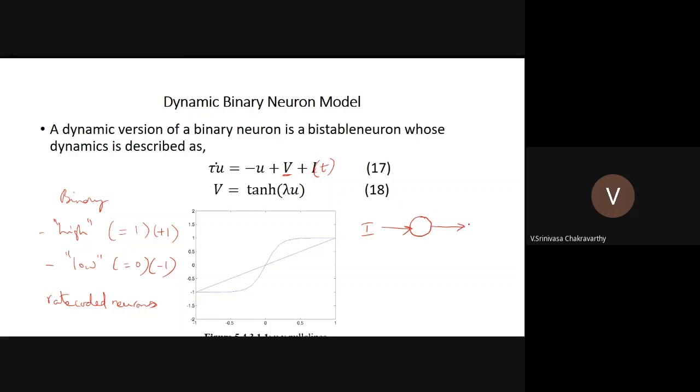Then the output is v, and you think of u as an internal variable. So I influences the internal variable u, and u in turn influences the output v of the neuron. This is given by a differential equation, and it looks very simple but has very interesting dynamics. Let us see how to analyze this and what kind of dynamics you get.